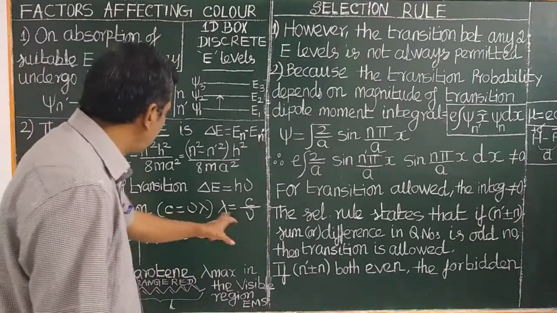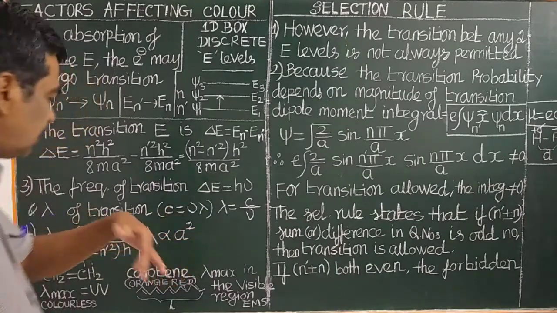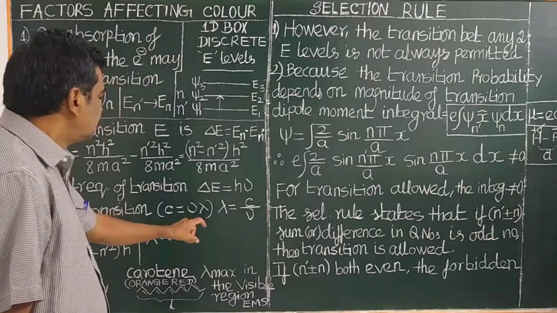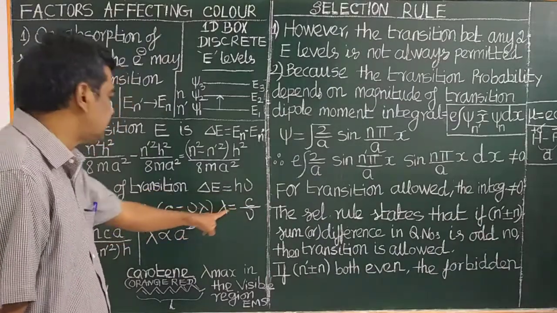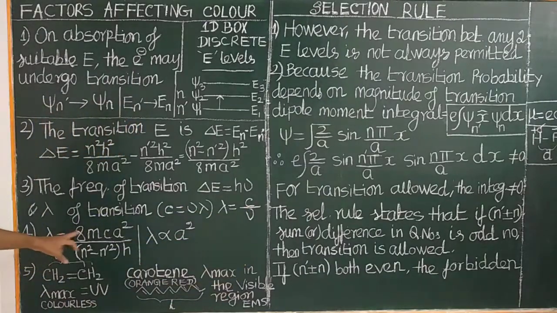C is equal to nu lambda, where C is the velocity of light. For electron, the velocity of electron is taken equal to velocity of light. Therefore, nu is the frequency and lambda is the wavelength. Lambda equal to C by nu. Lambda equal to 8 m c a square divided by h (n square minus n prime square).